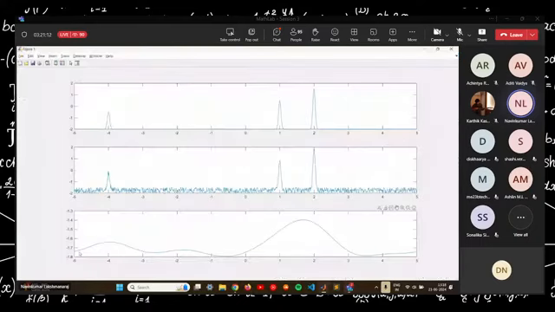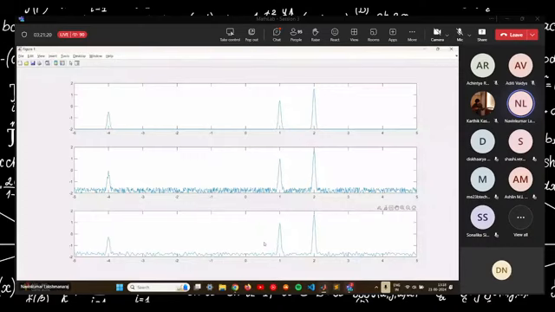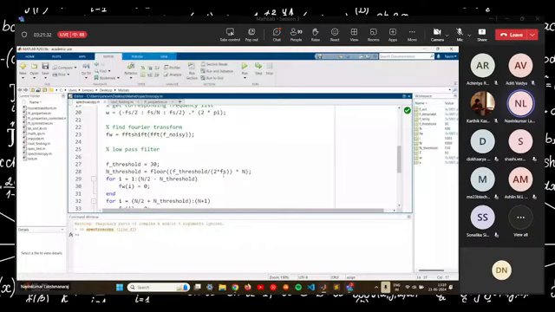Now, if I cut off data at say some 30 Hertz, what will happen is the peaks will look a lot better, but at the same time, some of the noise, which has its frequency around 30 Hertz, will start to creep in as well. And you can already see some noisy pattern being formed here. So that is something that you have to keep in mind while designing such filters.